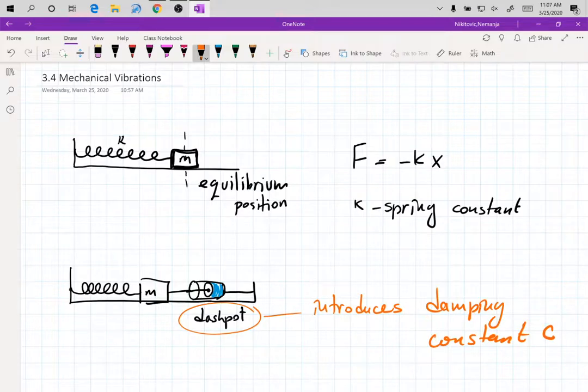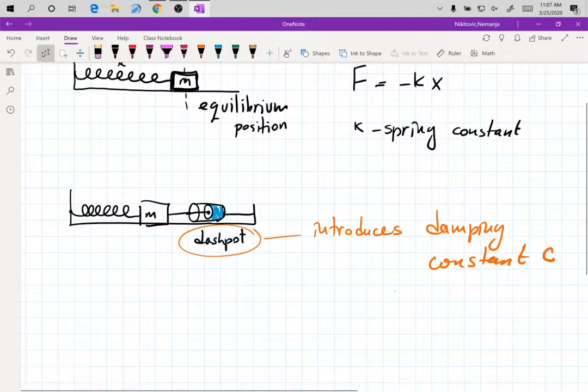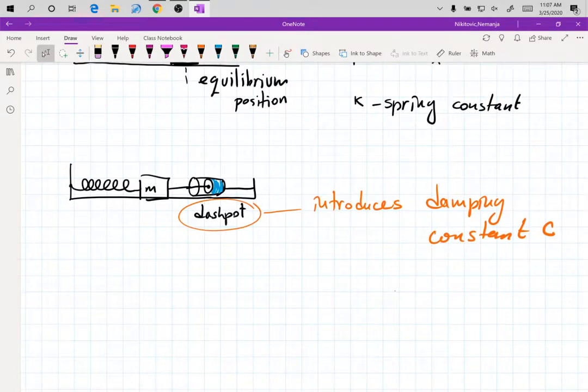And this damping constant is going to make it a little bit harder. It will introduce the delay for the spring to go back to the equilibrium position.